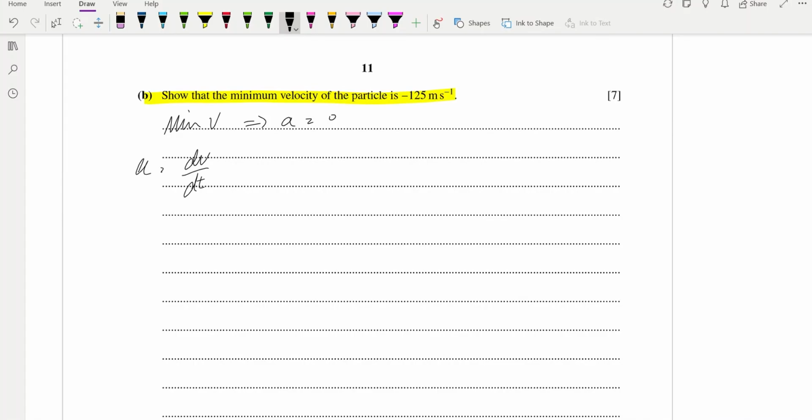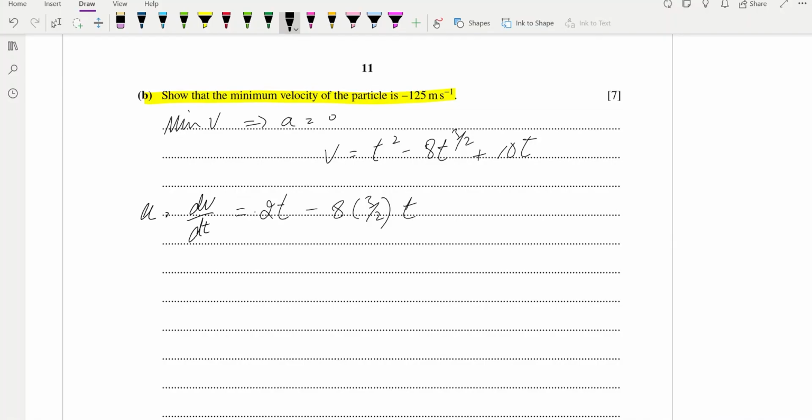Velocity is t squared minus 8t raised to 3 by 2 plus 10t. This is provided. Now we can find dv over dt, which will be equal to 2t minus 8 into 3 by 2, and t raised to 3 by 2 minus 1, which is 1 by 2, and plus 10.